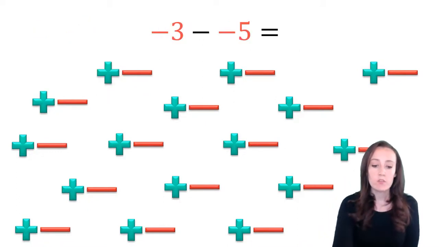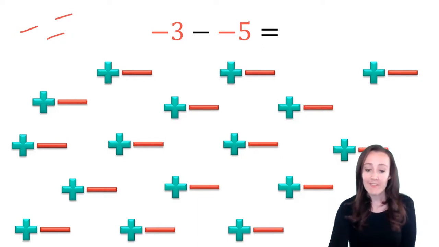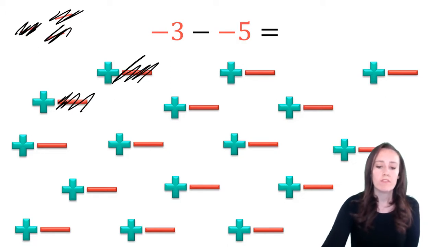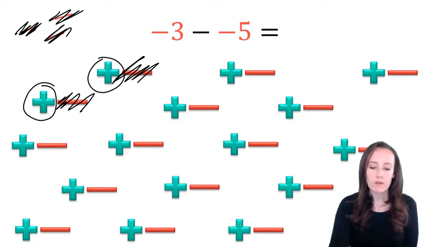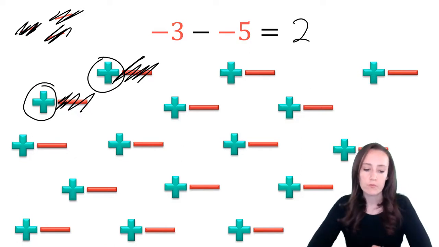I could also do this if I had 2 negatives being subtracted. So if I had -3 minus a -5, that would mean that I would need to get rid of 1, 2, 3, 4, 5 negatives. And these 2 positives would be what was left over, so my answer would be +2.